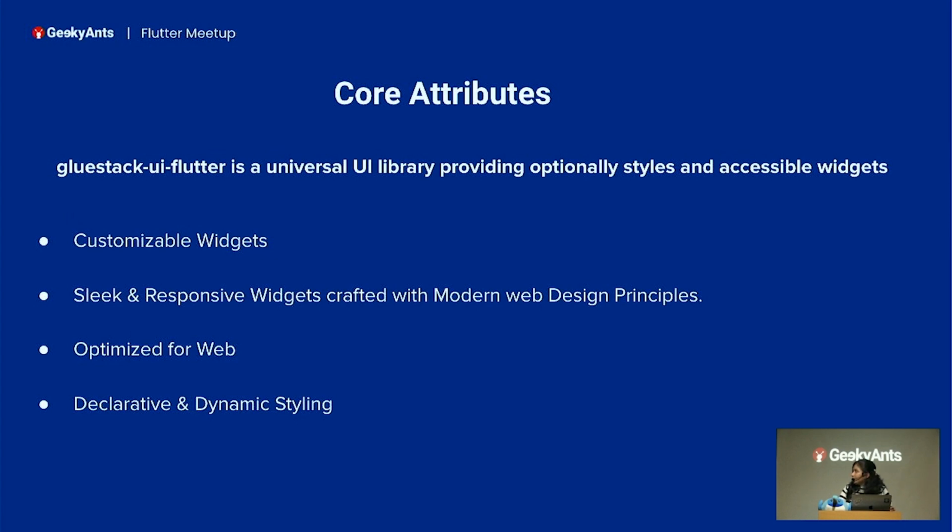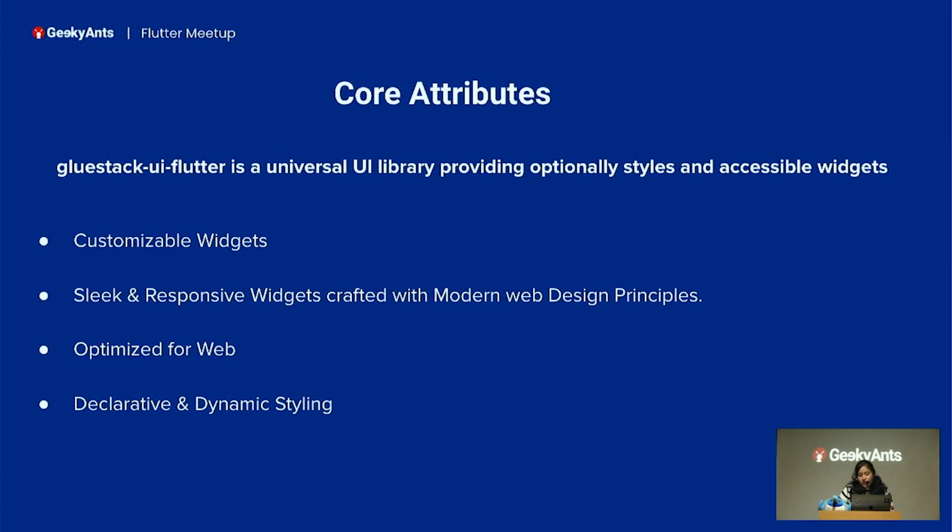Optimized for web, as I told, web-focused components, layouts, and themes have been designed. So why declarative and dynamic styling? Declarative, as I told you, because we are allowing the user to change the JSON, right?